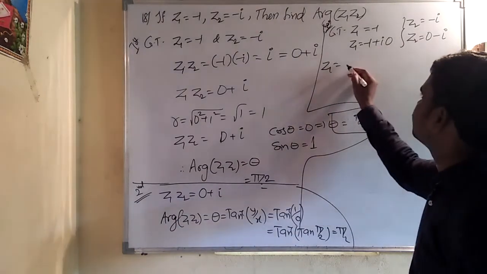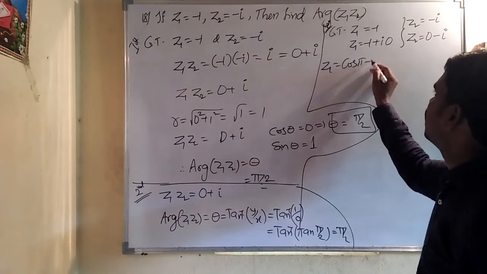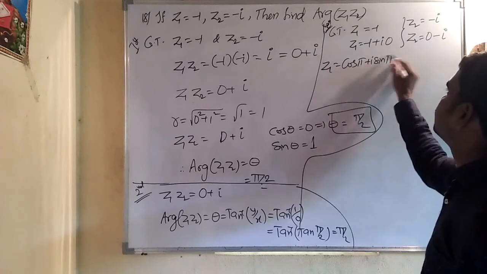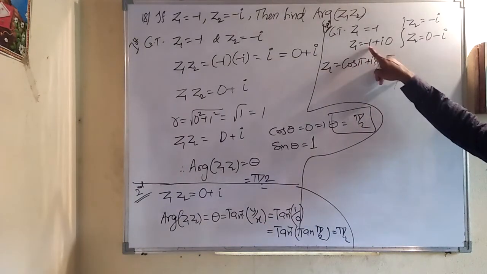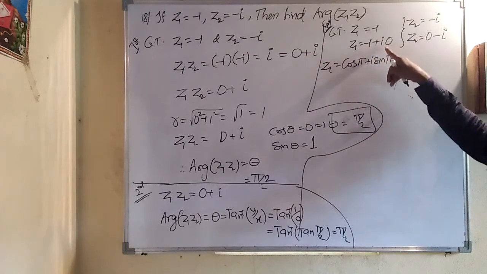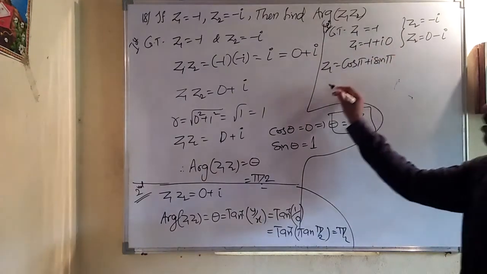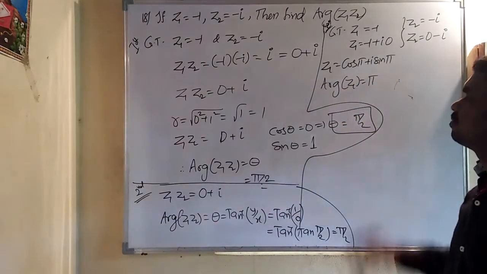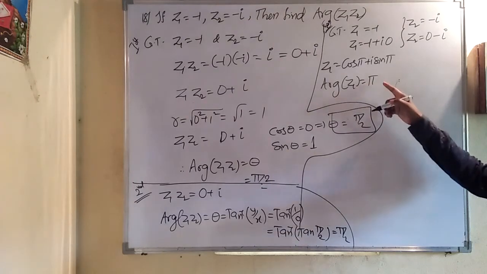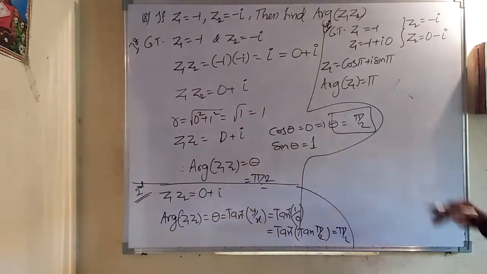So cos pi plus I sin pi is the polar form. Check it: cos pi is minus 1, sin pi is 0, yes. So argument Z1 is equal to the angle, theta, which means pi.